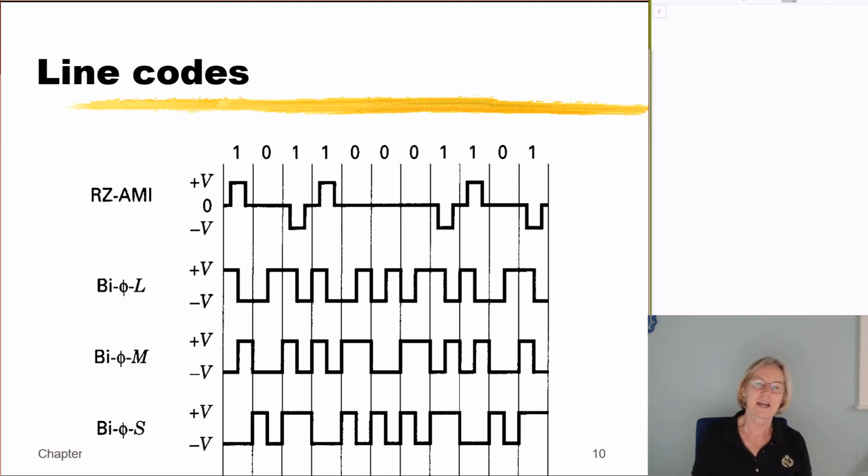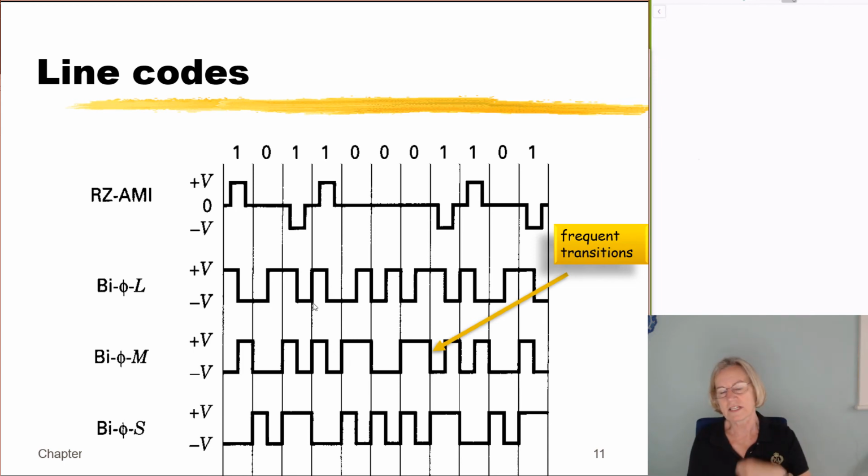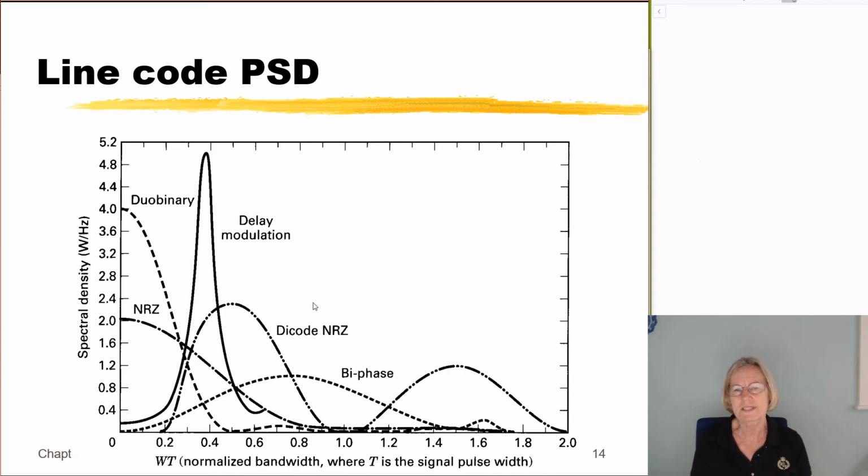Now, if I took these line codes and I said, well, I see what the transitions look like, but if I take a random sequence and I do the Fourier transform of that sequence and I look at what is the frequency content, depending on which one of the line codes I use, I will get very different power spectral densities. I will get some for NRZ where there is a lot of low frequency content.